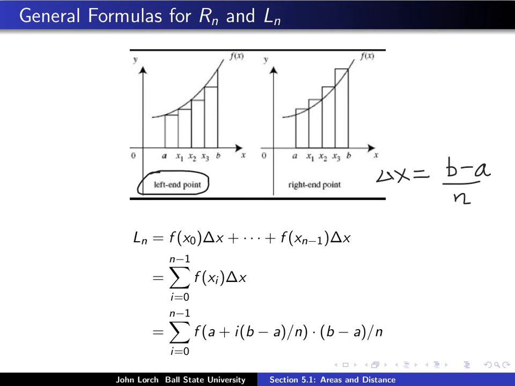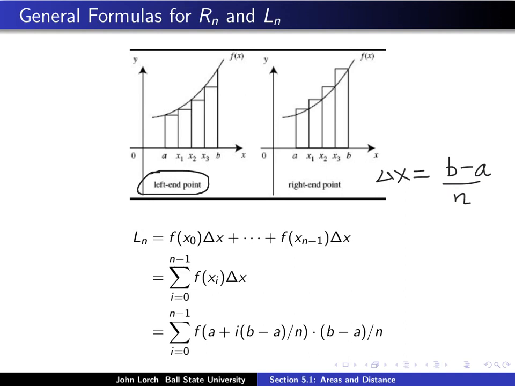So we take our interval, we divide it up into pieces of length delta x, and then we mark out little hash marks on the interval between A and B that mark out these little pieces of length delta x. So we go from A to x1 to x2, etc., up until we get to B.